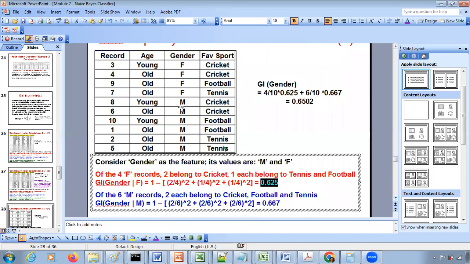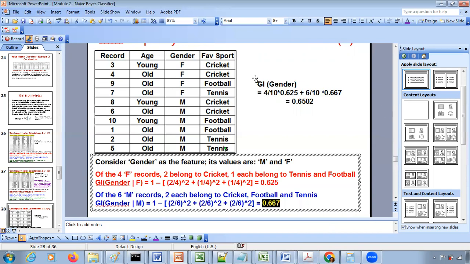Then you have 6 male records, and you have 2 each belonging to the class cricket, football, and tennis. So you'll have 2 over 6 for each class. So that's the fraction for each class. You square them and add those squares, and 1 minus the sum of the squares of the fractions is 0.667.